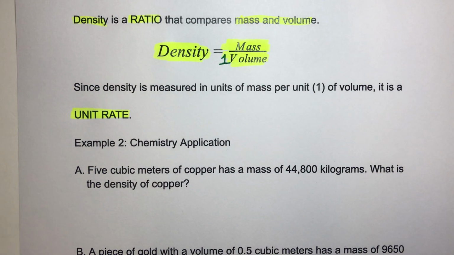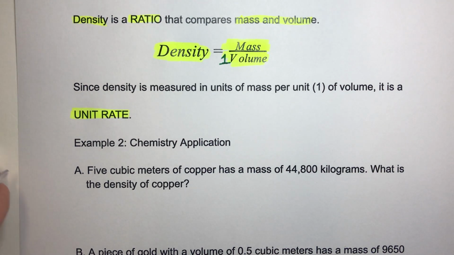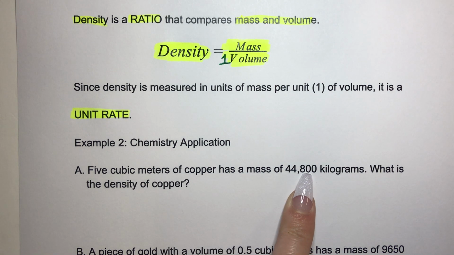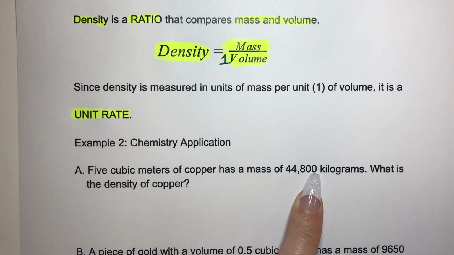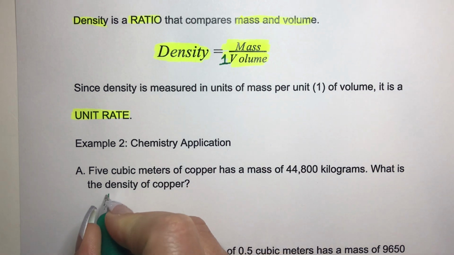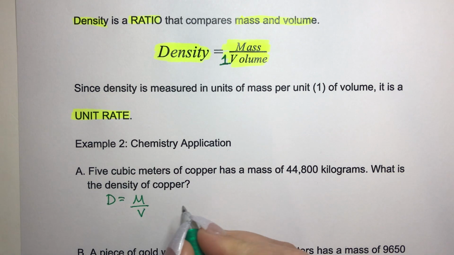All right, so let's look here at our chemistry example. It says 5 cubic meters of copper has a mass of 44,800 kilograms. What is the density? Okay, so we're going to use our formula here. Density equals mass over volume.